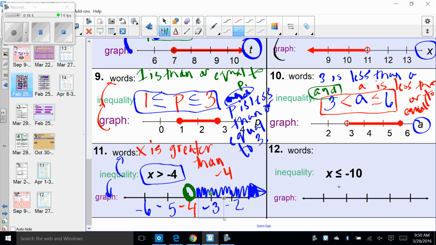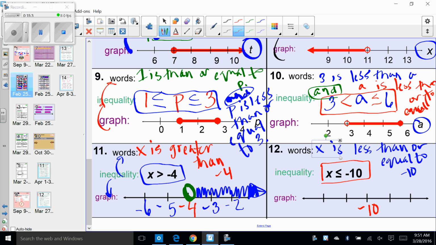All right, last problem of the day before we do our summary. So here is our inequality. Our words would say that we have x is less than or equal to -10. So we have -10 in the middle here.